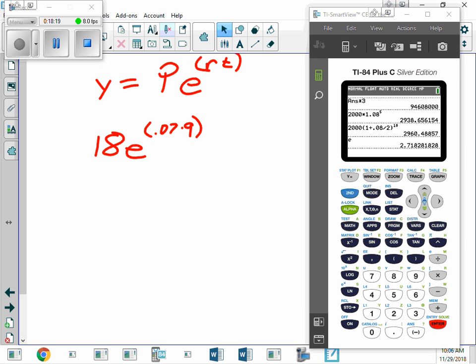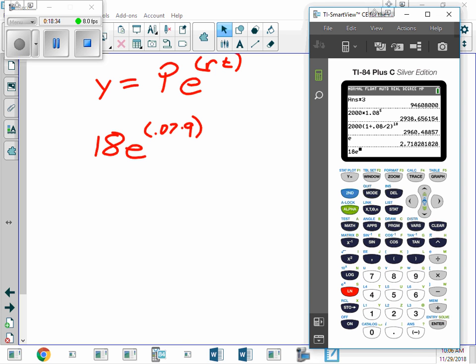We almost never use e in mathematics without an exponent above it. Sometimes we do, but almost every time you see e, there will be an exponent on it. So I type in 18, and I raise e to the 0.07 times 9. Okay, and I end up with $33.80.